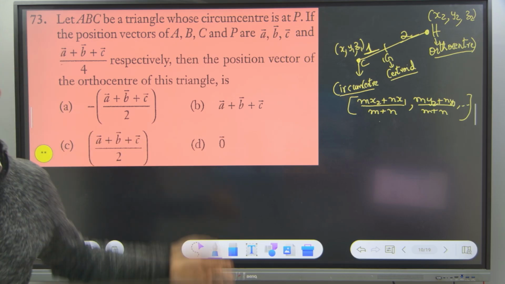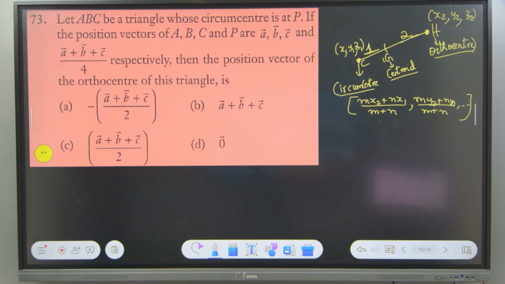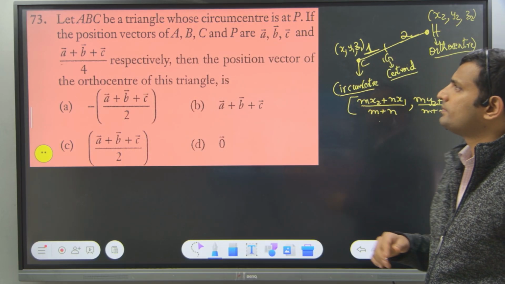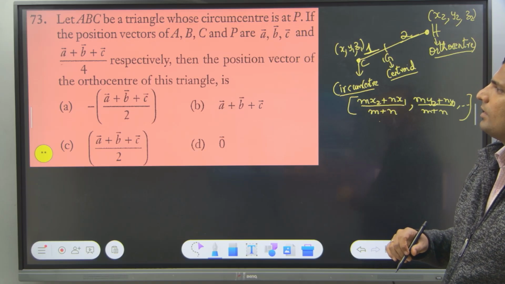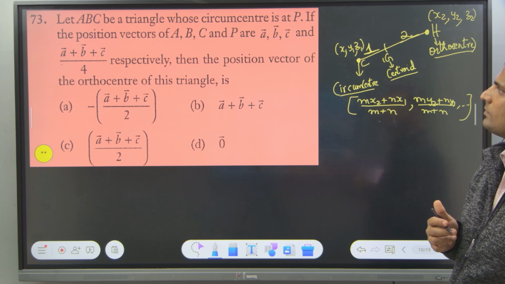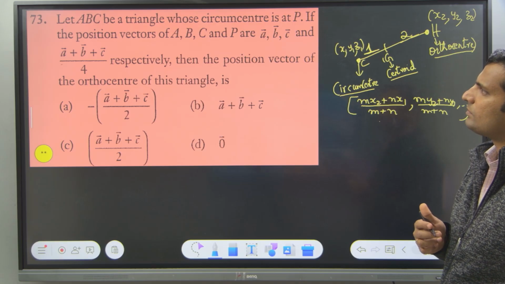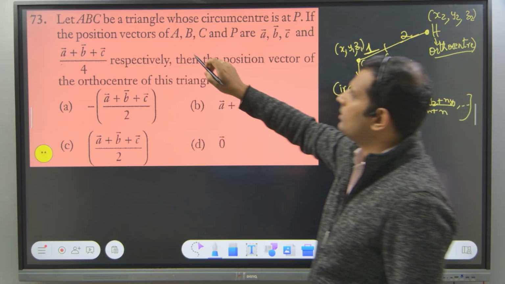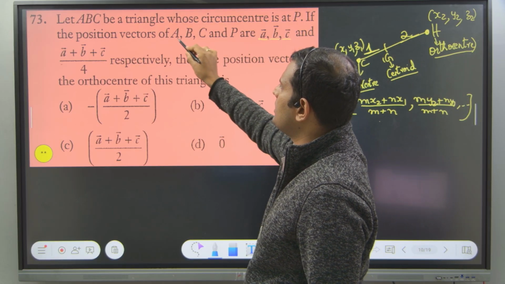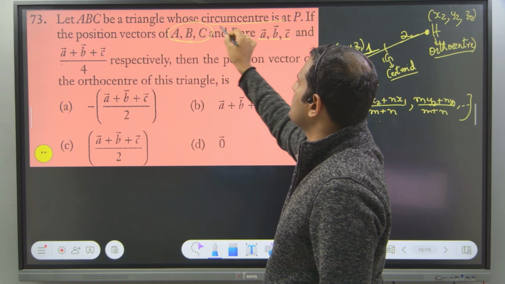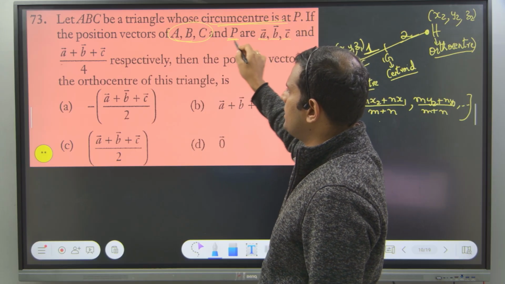Somebody read the question. Okay. So the vectors A, B, C are the vertices of the triangle, and P is the circumcenter.